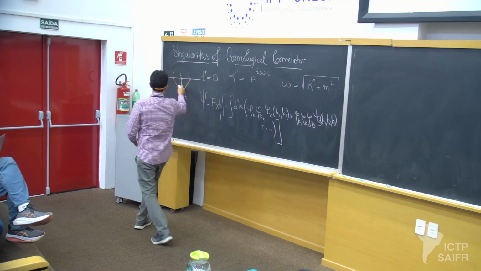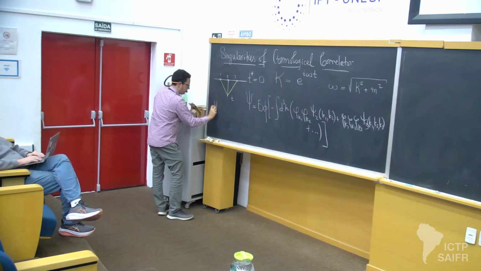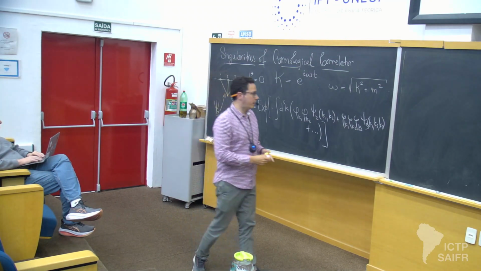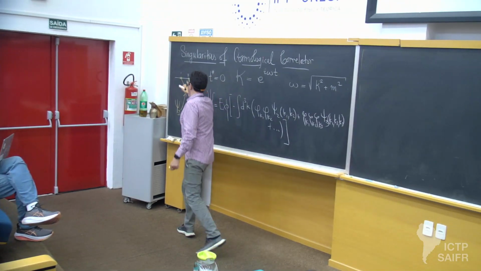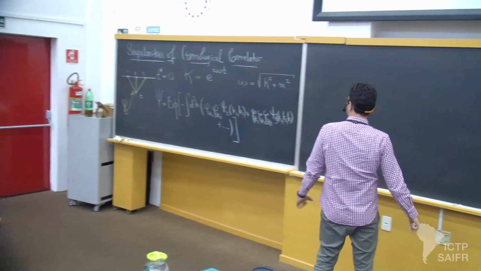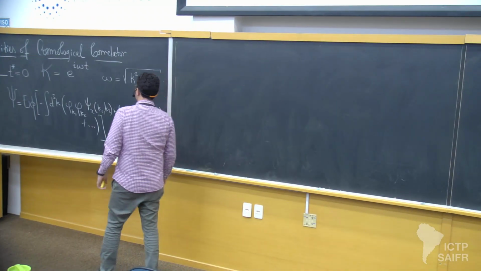And this is the diagram that computes psi 3. So the diagram that computes psi 2 is just the thing we've been studying quite a bit throughout the lectures. And this is for psi 3. So this is very simple.